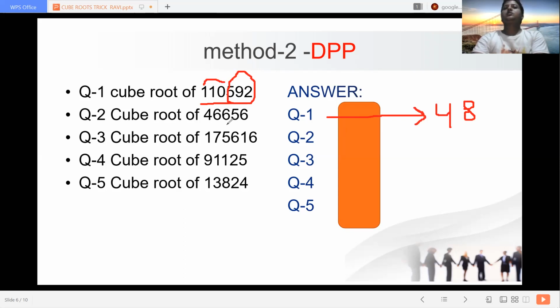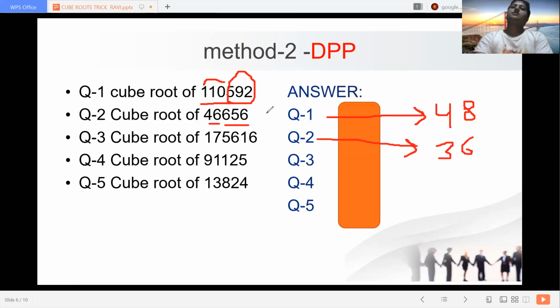Same process we can apply. Here the last 3 digits: first place digit carries 6, and we know 6 cube generates 6. Therefore answer must carry 6. Another term, 46 is just greater than 3 cube. Therefore answer is 36 for question number 2.